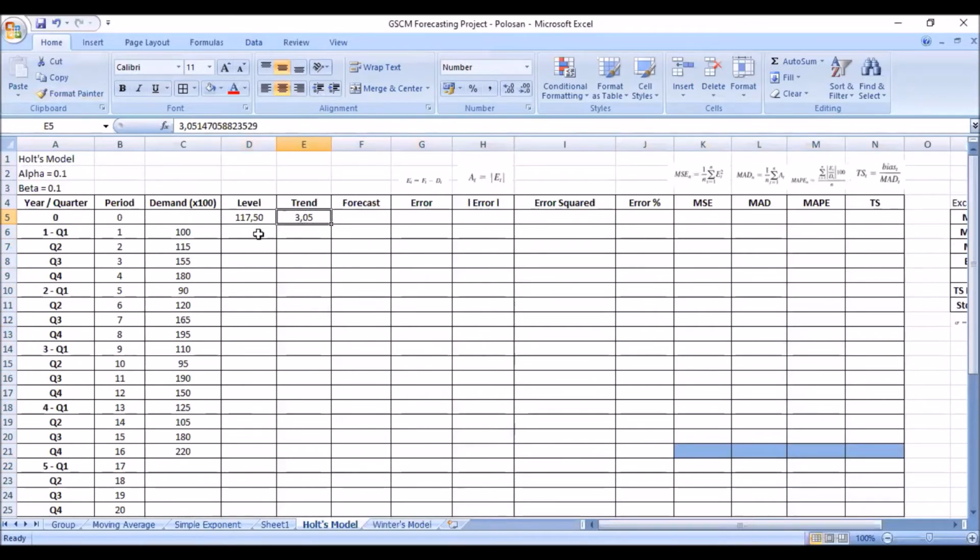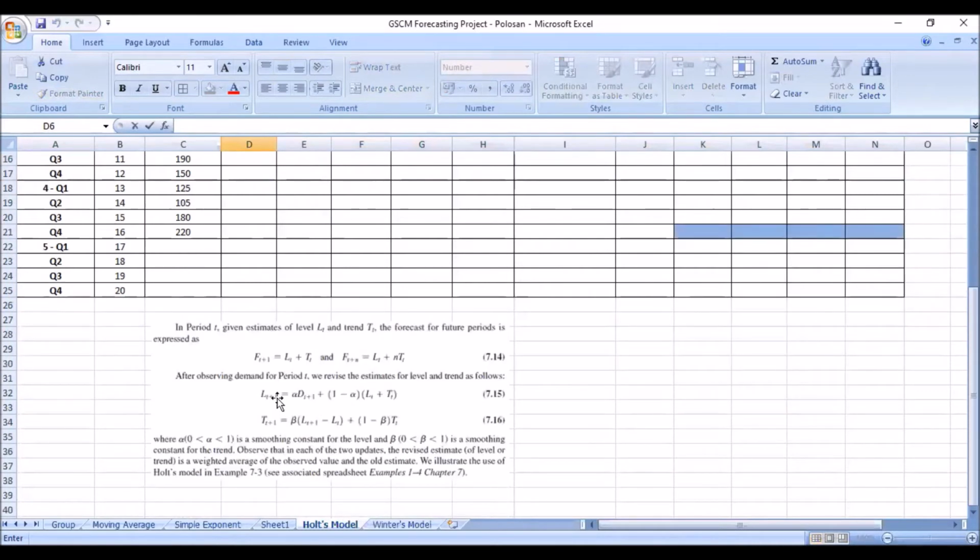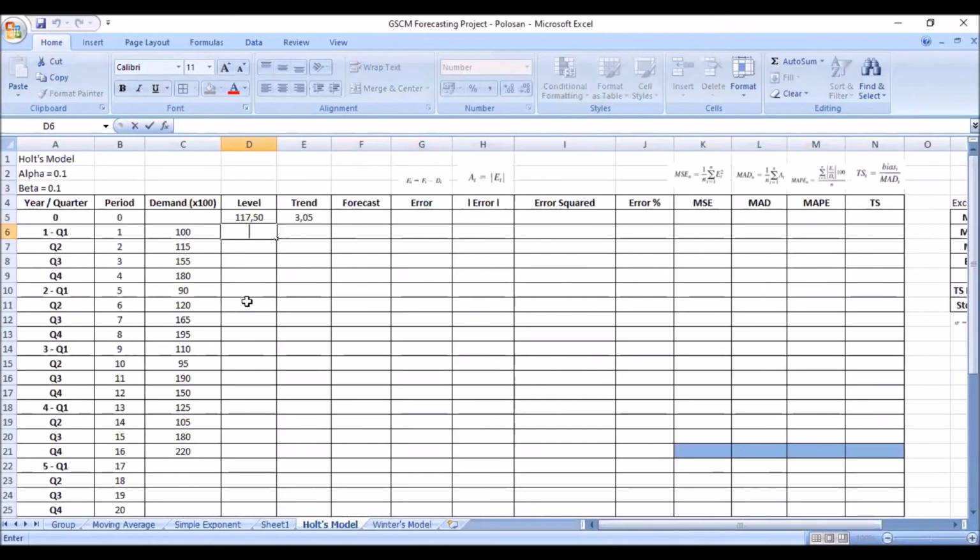We have just found the initial level and trend. We're going to find the next ones by using the formula we discussed earlier. It starts from the level first, which is L_t equals alpha multiplied by demand plus 1 minus alpha multiplied by the initial level plus trend.